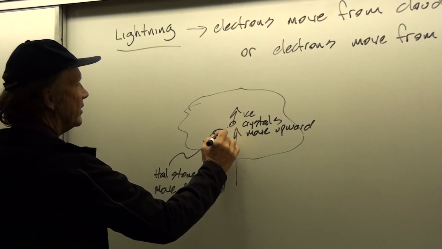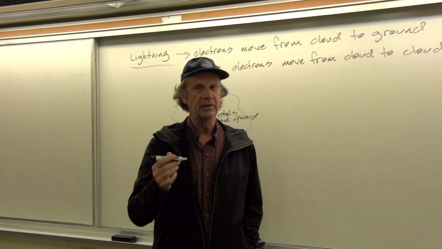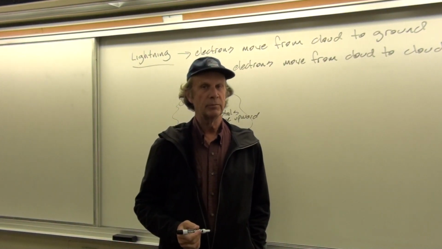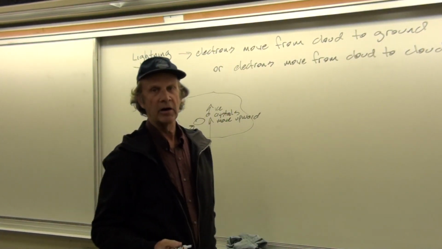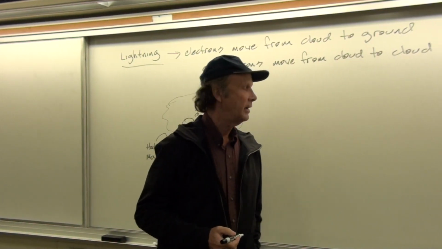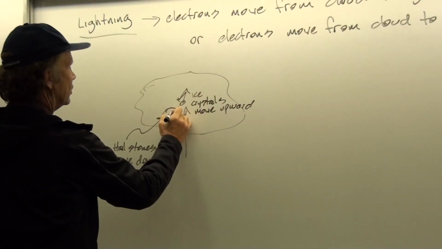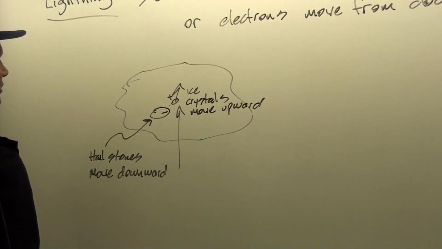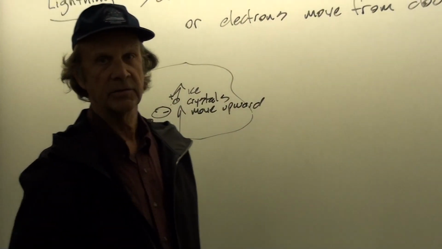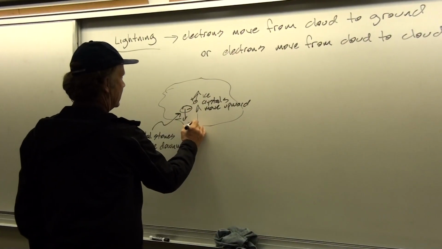And so in this interaction between the collisions of the upward moving ice crystals and the downward moving hailstones, charge is transferred in the form of electrons from one to the other. So the ice crystals become positively charged and the electrons are transferred to the hailstones. So the hailstones move downward toward the bottom of the cloud.